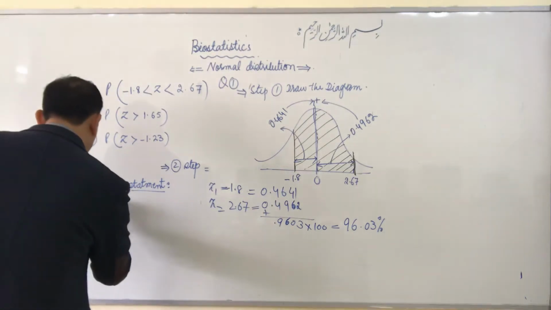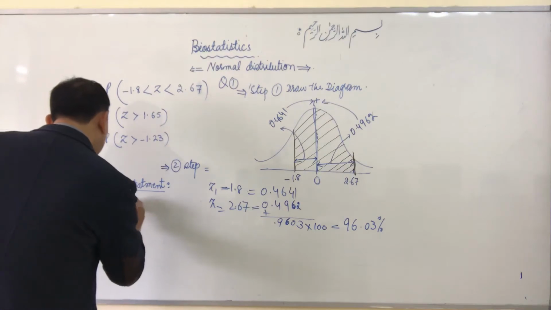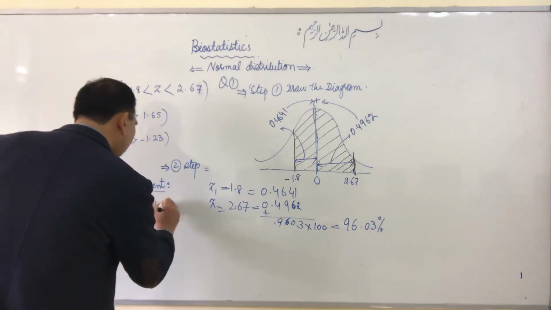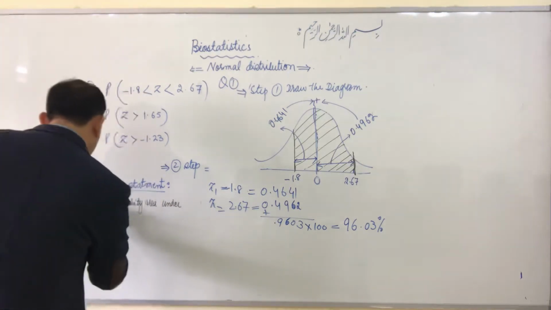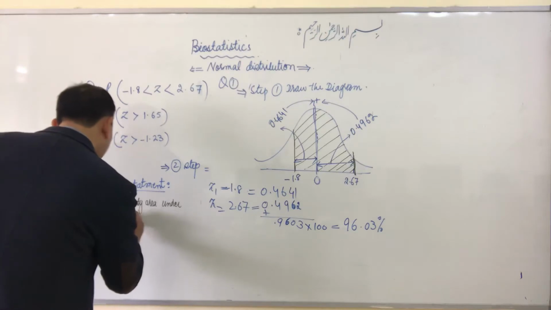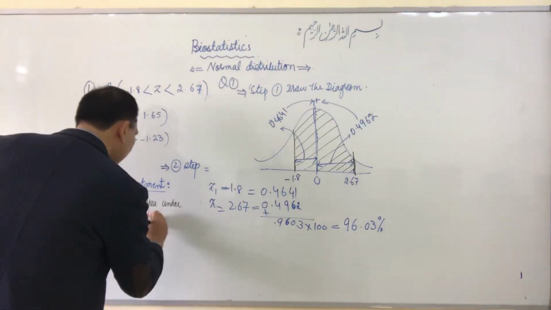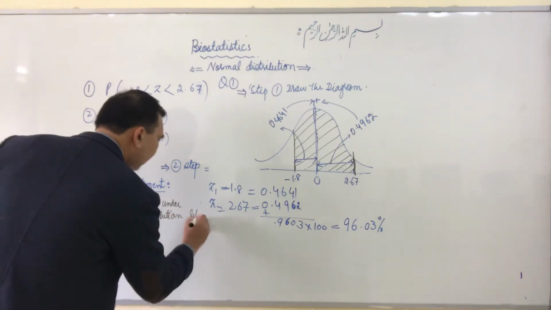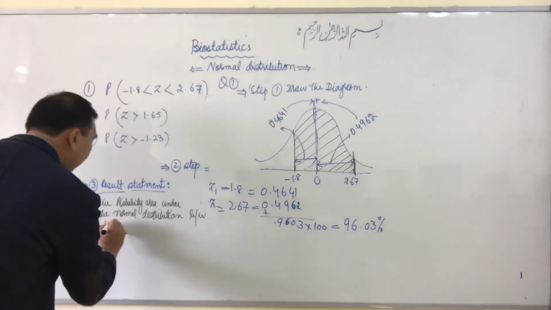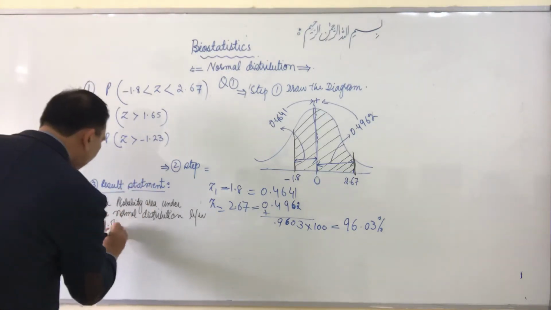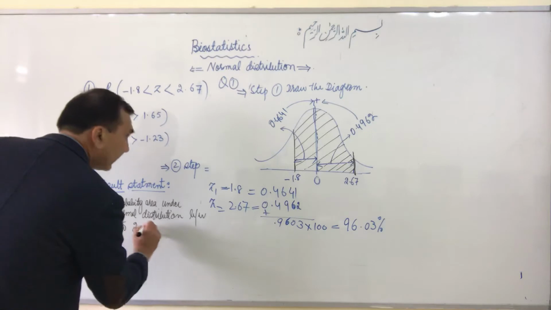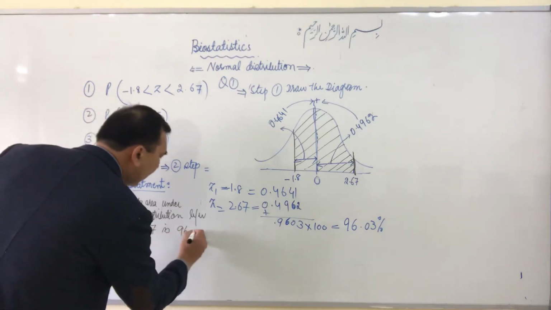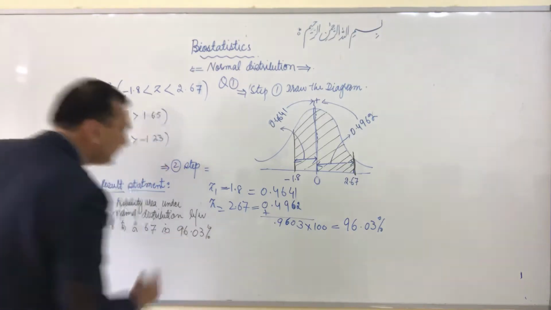The probability area under the normal curve, normal distribution between minus 1.8 to 2.67 is 96.03%.